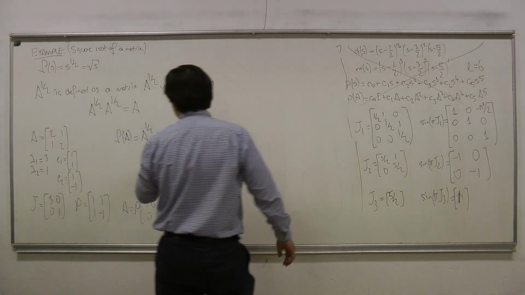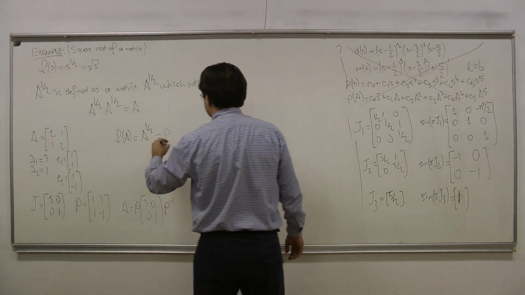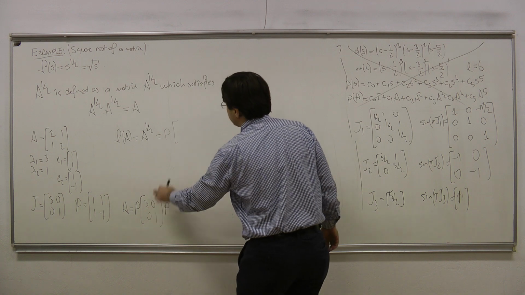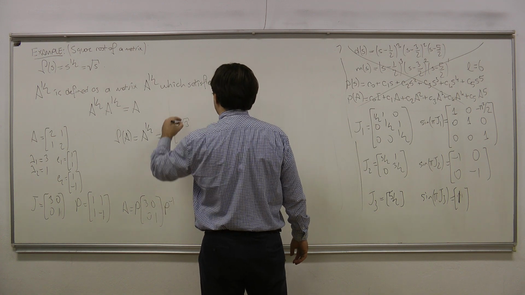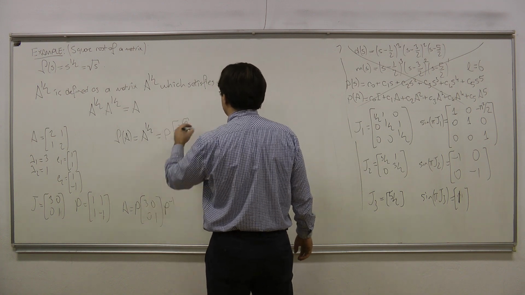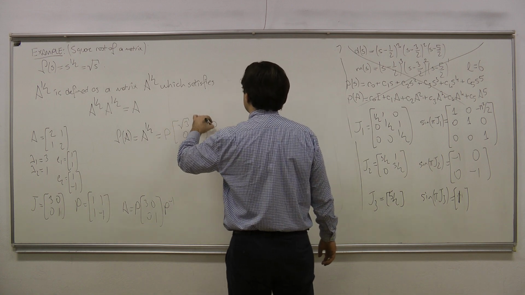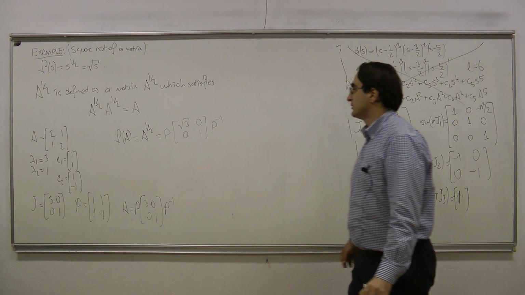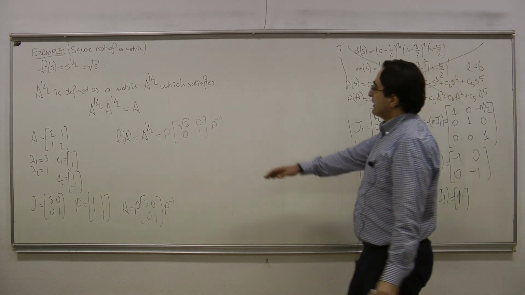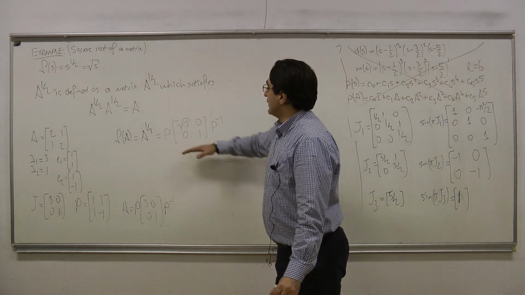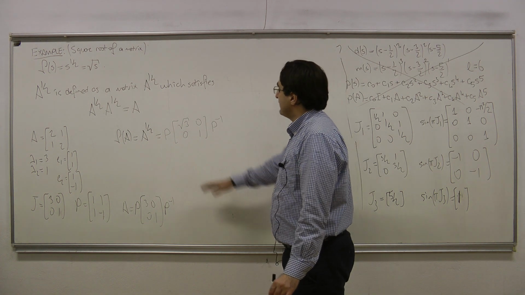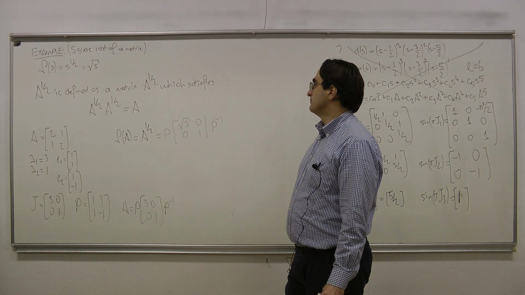So this is going to give me P times square root 3, and passing 1 through the square root gives 1, and I multiply it with P inverse. So this is going to be my square root matrix.